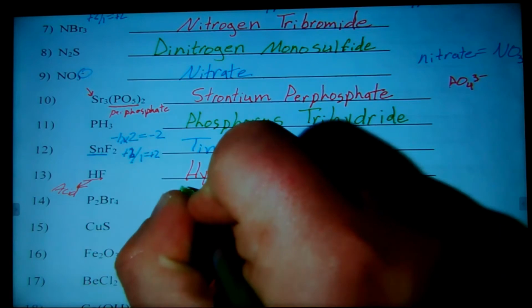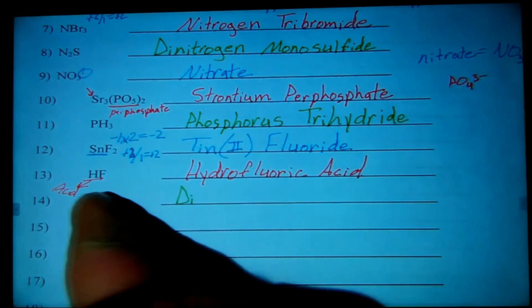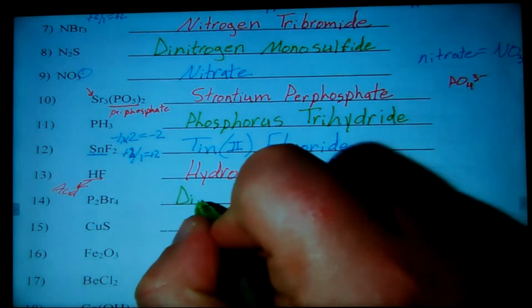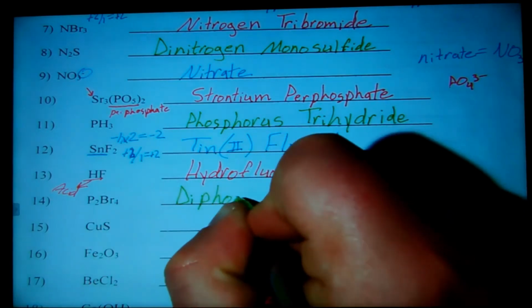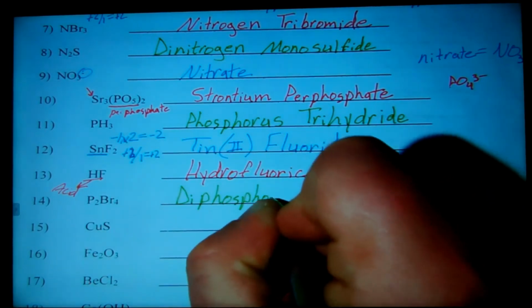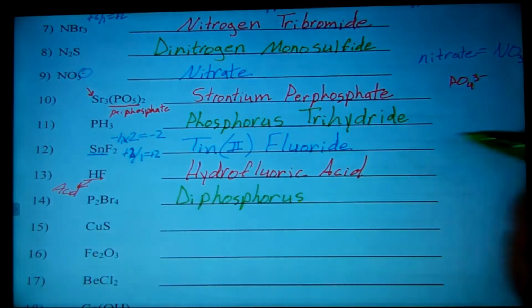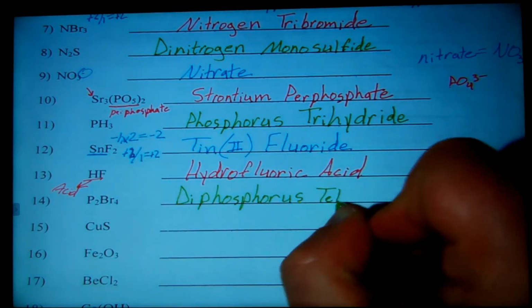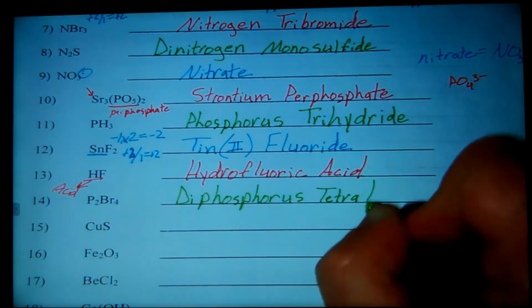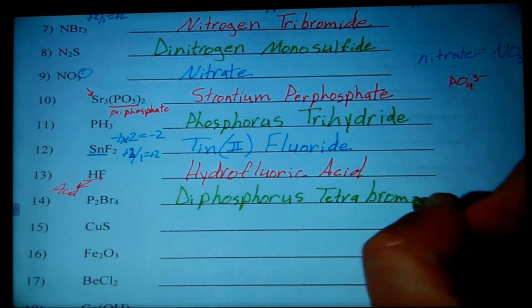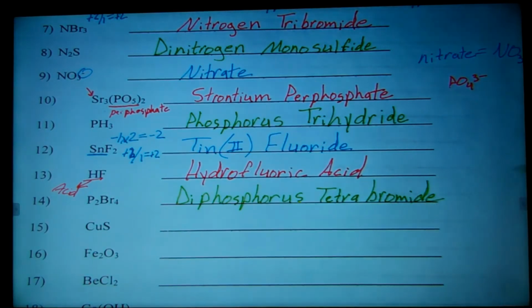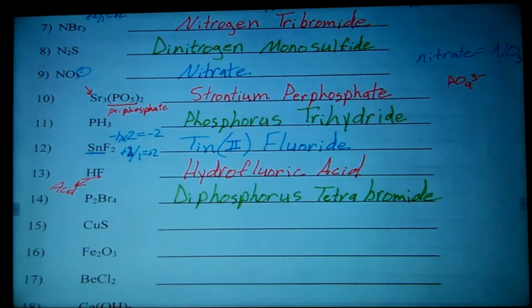So di, because there are two phosphorus, so we have to put a prefix in this. Diphosphorus, tetra, bromide. Okay.